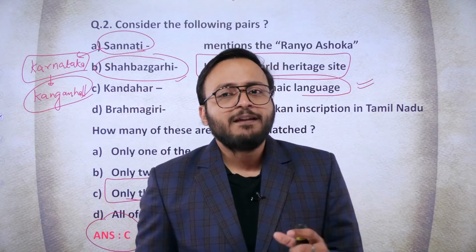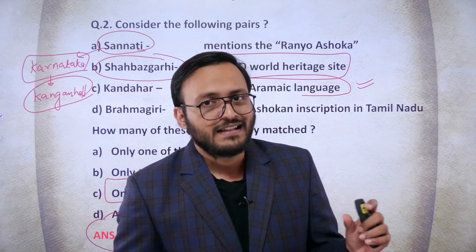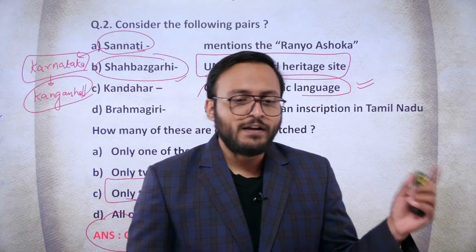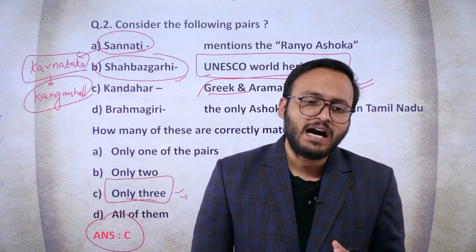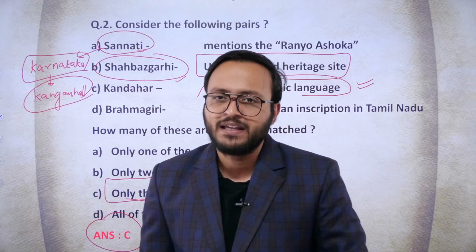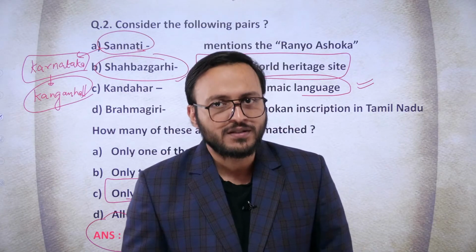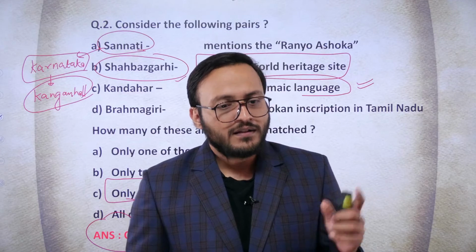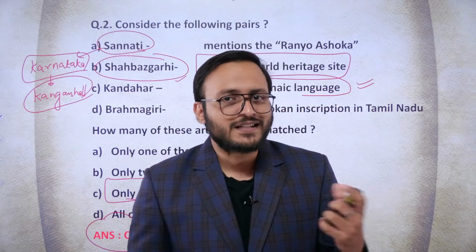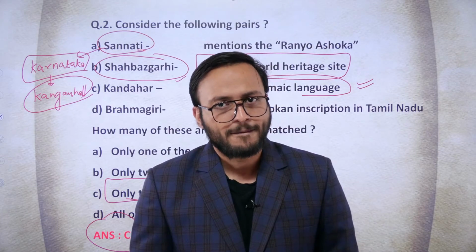So Shahbazgarhi and Mansehra use the Kharoshthi script, whereas Kandahar has the Greek as well as the Aramaic languages used to write the inscriptions of Ashoka. They helped in the decipherment of the Brahmi script and Kharoshthi script, both.